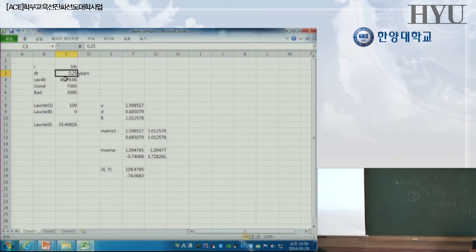The answer is that basically this contract is a leveraged contract. So investing in this low risk contract, or call option, is economically borrowing money to invest in the stock market. But now the interest rate goes up, so it is more costly to borrow money.